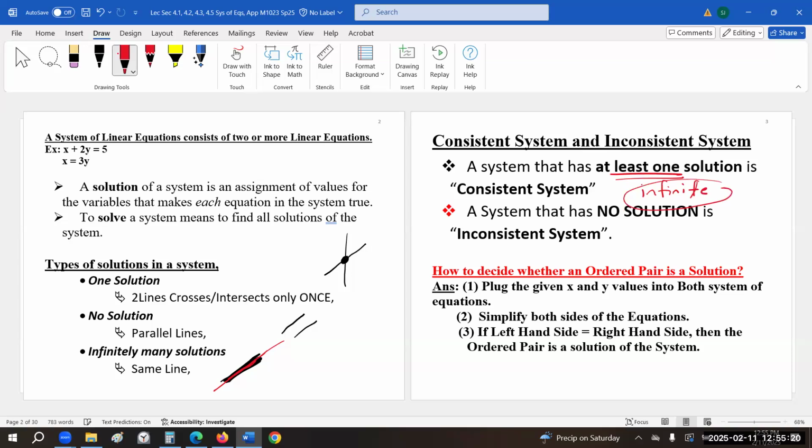So the one solution or infinite solution, when you have them, the two lines you're working with, you call them consistent system of equations. And if you work with two lines that are parallel, we call them inconsistent system. It means the two lines you're working with are never going to intersect one another.